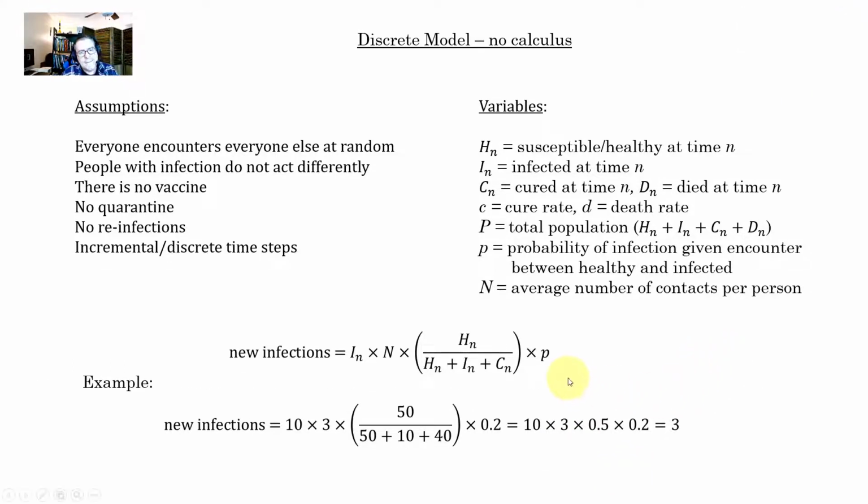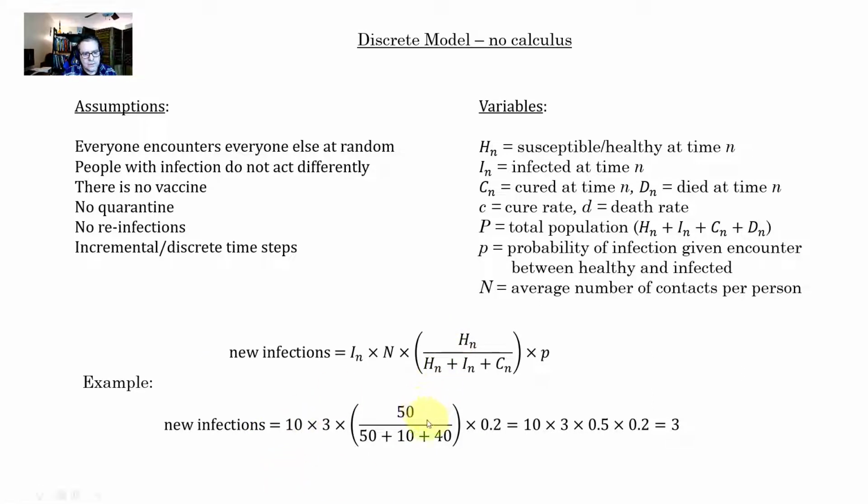As just an example of that kind of calculation, imagine that you had 10 people currently in the population that had the infection, and suppose that each of those 10 people would encounter 3 people on average each day, let's say. And suppose that there were 50 people in the population that were susceptible.